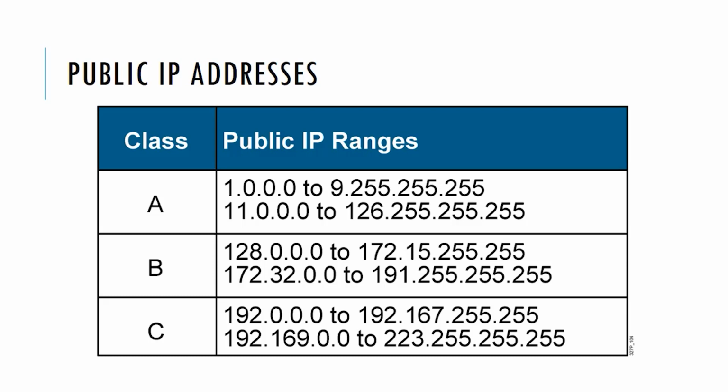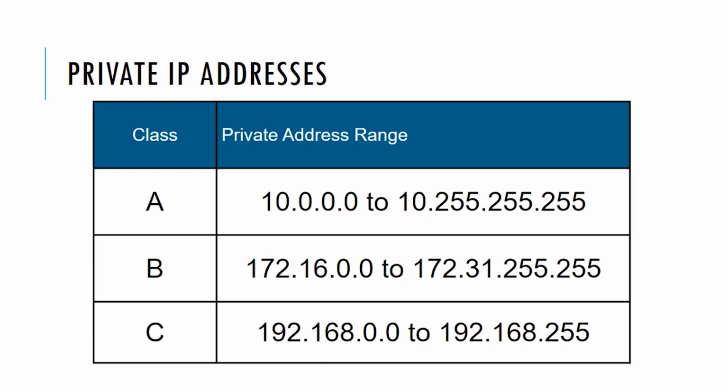The private IP addresses that cannot exist over the internet as real IP addresses, as public IP addresses, and can exist only inside local area networks are these ranges. In class A, every IP address starting with the number 10.